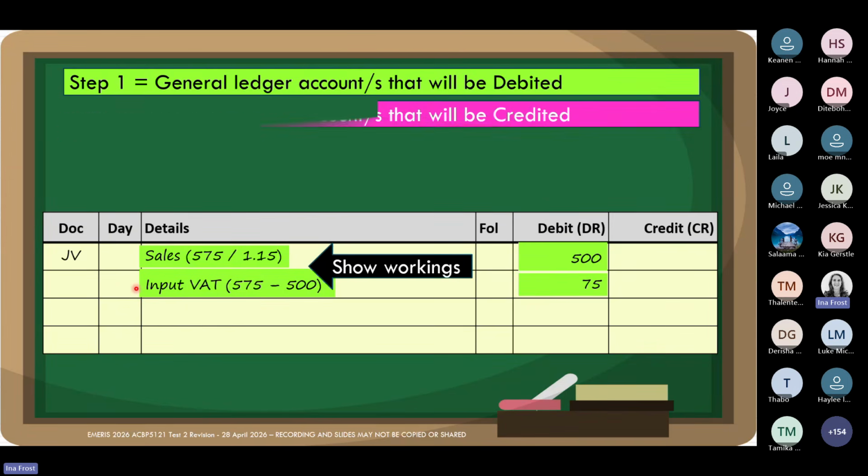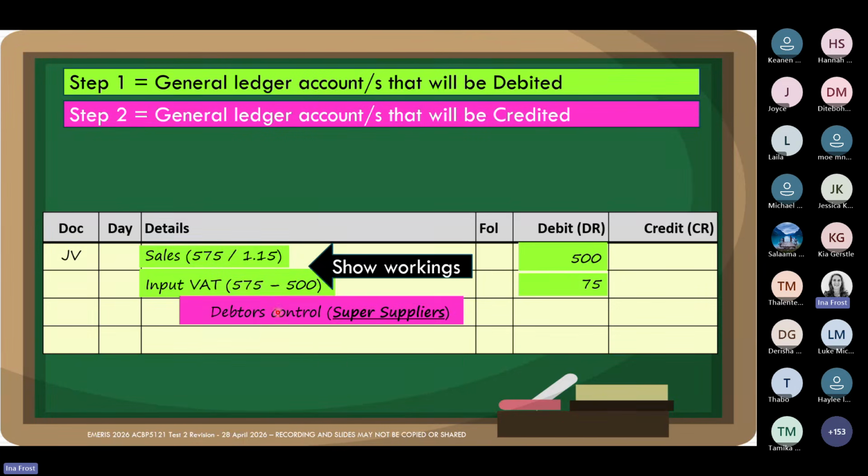Step number 2 said the general ledger account that I'm going to credit. So which general ledger account am I going to credit? I'm going to credit the debtors control account, and therefore I'm going to put the amount in the credit column to show that I'm going to credit the debtors control account.